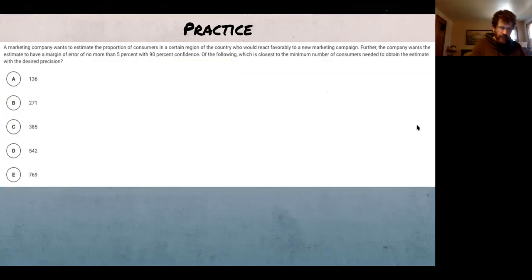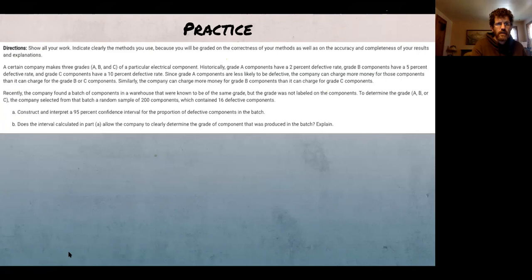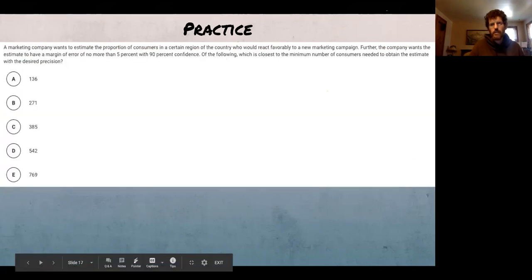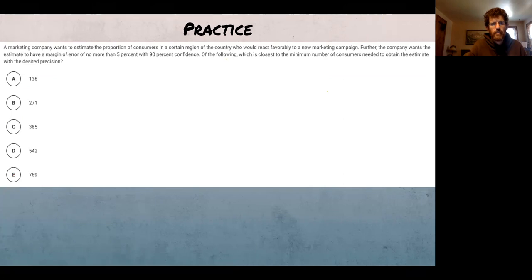Okay, and I think this is the last multiple choice, and then we're going to look at a couple of FRQs. So we've got a company that wants, in a confidence interval, a margin of error no more than 5% with 90% confidence.